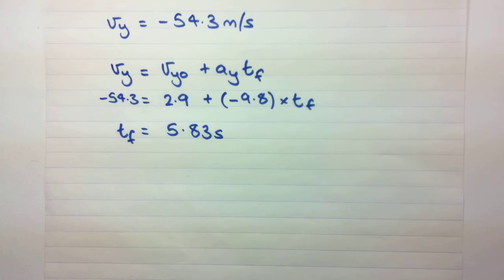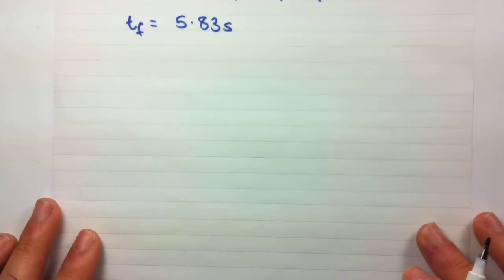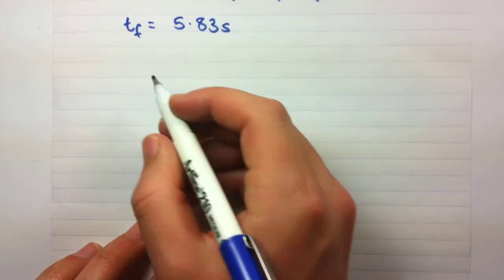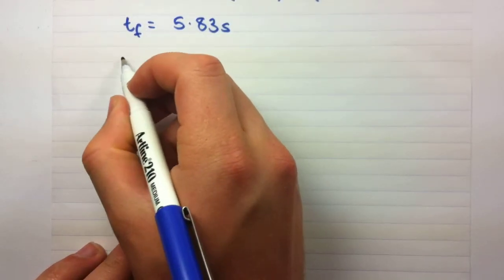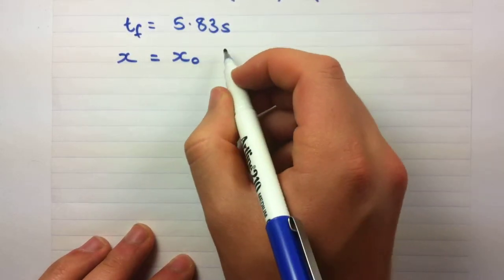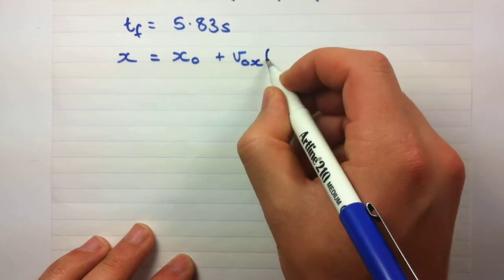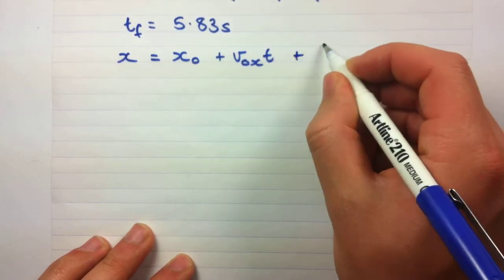Now, to find how far it travelled horizontally is quite simple. Once we've got the time of flight, we just sub it into this equation, which we've seen many times now. Just remember that all these equations are on your formula sheet.